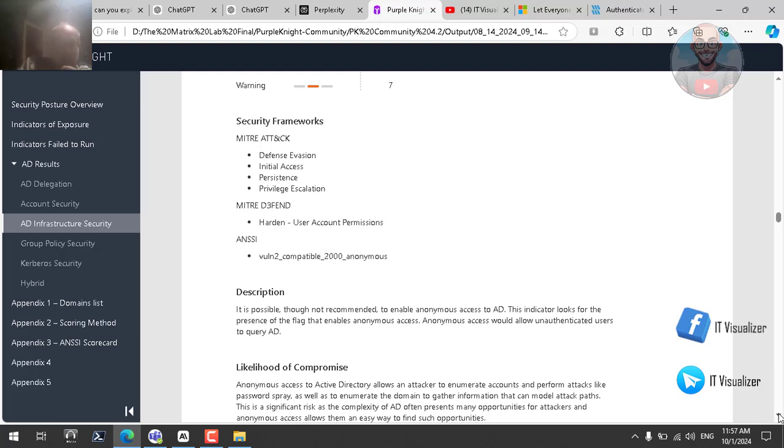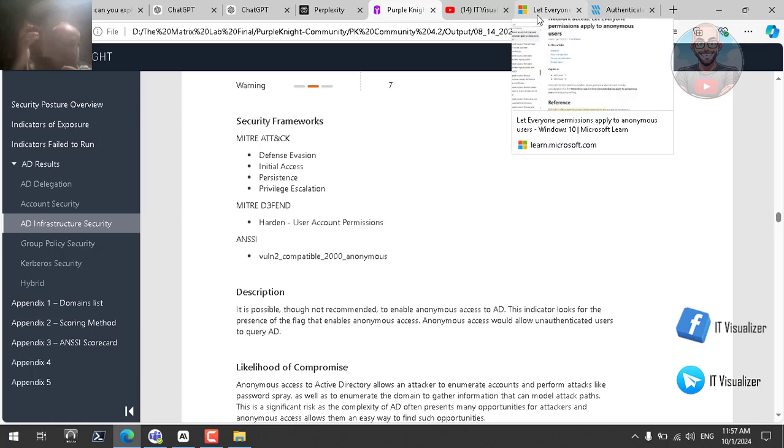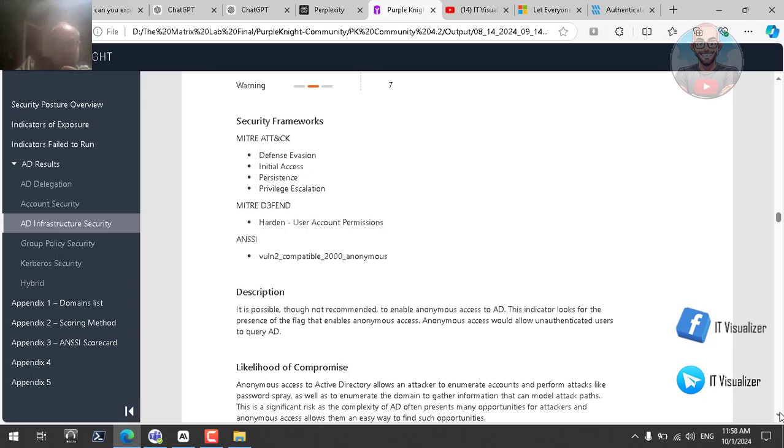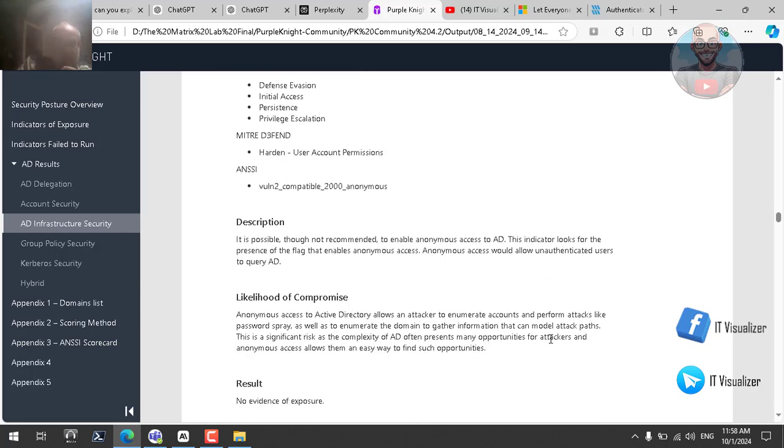So how can we do that? This is simply done by configuring a group policy. How did I know that, even though this is not stated in the Purple Knight report? Because this was discussed in another report called Testimo, which was focusing on the same point. So how can we close this issue?